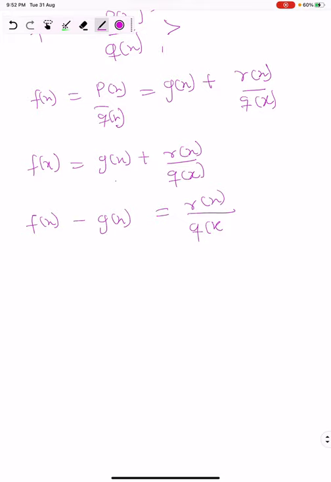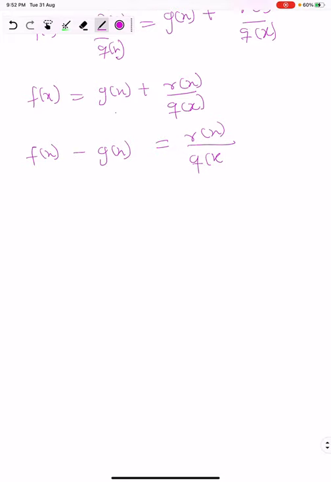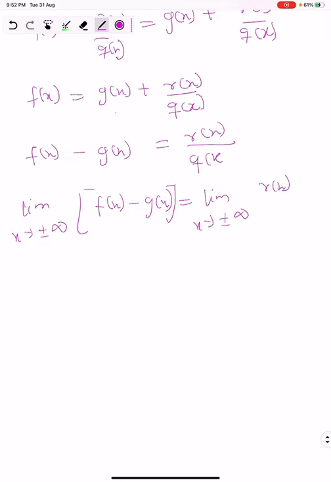So if we find a limit on both sides, we have the limit as x approaches both positive and negative infinity of f of x minus g of x equal to the limit as x approaches both positive and negative infinity of r of x divided by q of x.